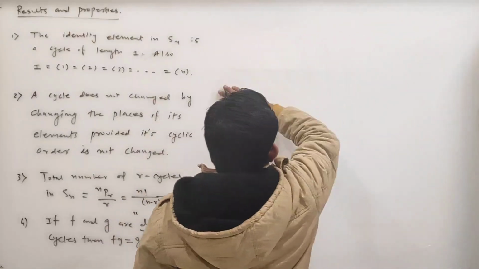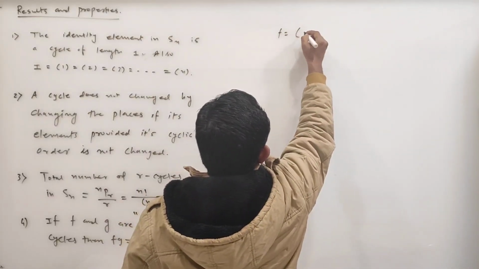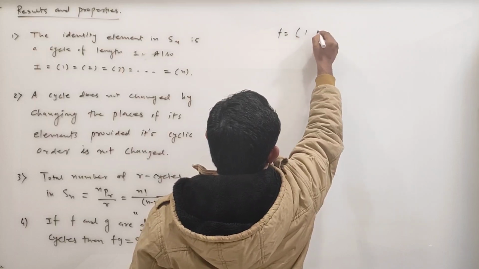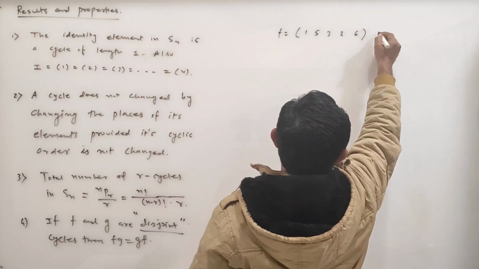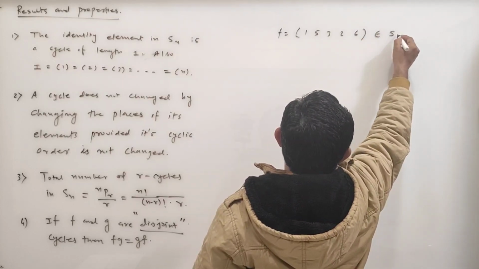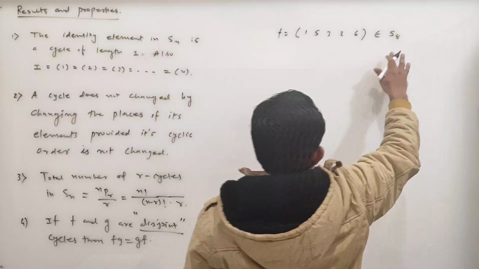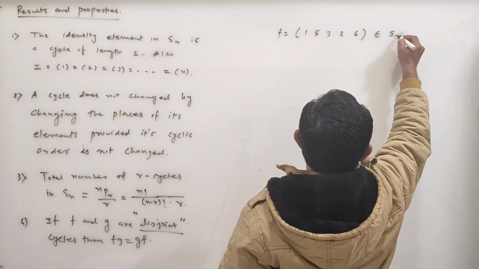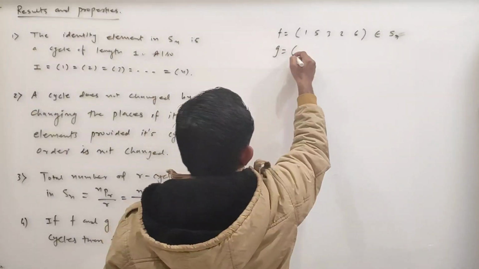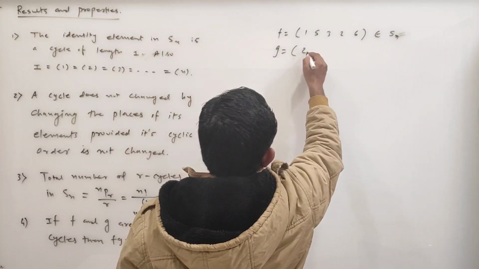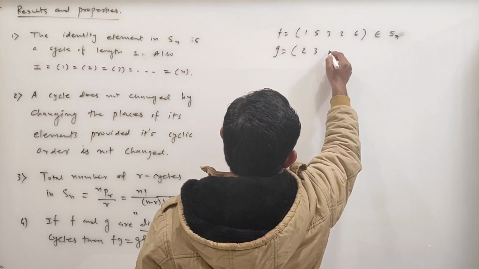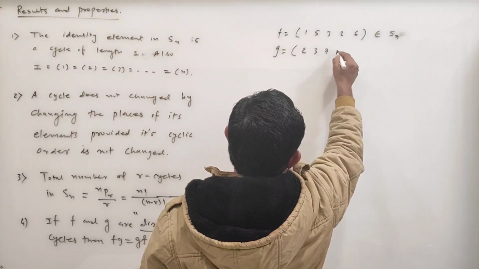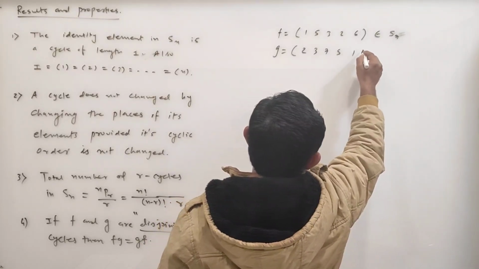So you consider say f is equal to (1 5 3 2 6), which belongs to say S8, or let us consider S7 only now. g is equal to (2 3 7 5 1).